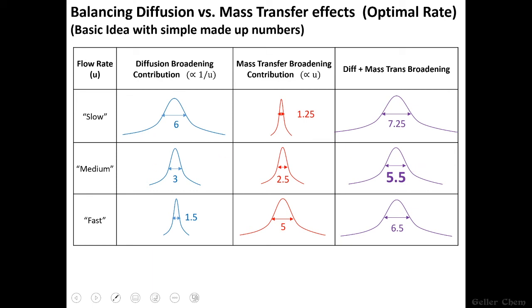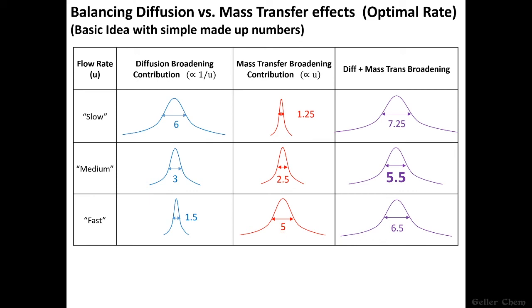Our half width is 6.5 in this case. So the best peak width, the most narrow peak width we could achieve was somewhere in the middle. Because eventually if we keep on speeding up, the improvements we see from diffusion broadening are more than canceled out by the worsening mass transfer broadening effects.